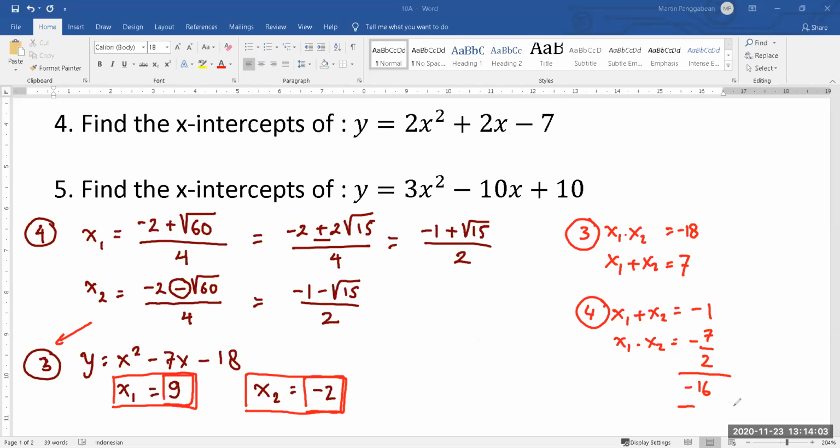Now is there any other different answer? Negative 7 for the multiplication. Okay. Any other? Mister, may I change my answer? Yeah, Aaron. It's actually negative 4. Negative 4. Okay.